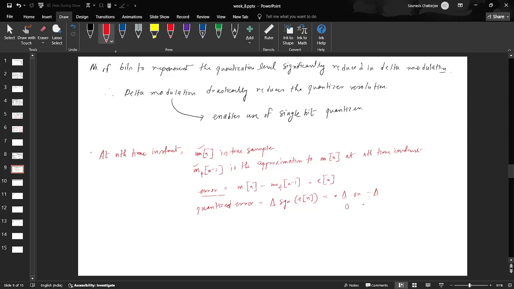It's similar to 0 and 1 kind of thing. And by the way, the sign function, in case you are not familiar with it, takes value 1 for x non-negative and takes value minus 1 for x negative. So this is your quantized error for a single bit quantizer. Basically it takes the error, quantizes it, and this we denote as eq[n].